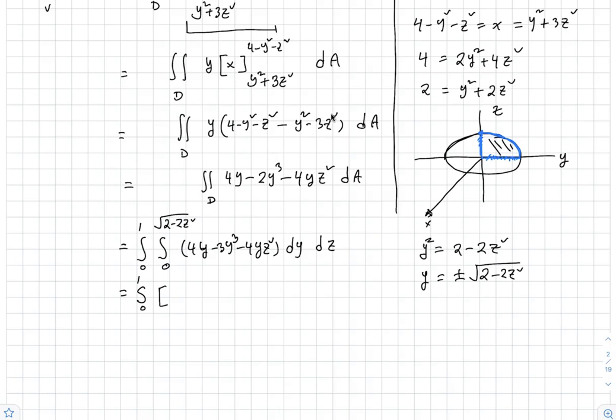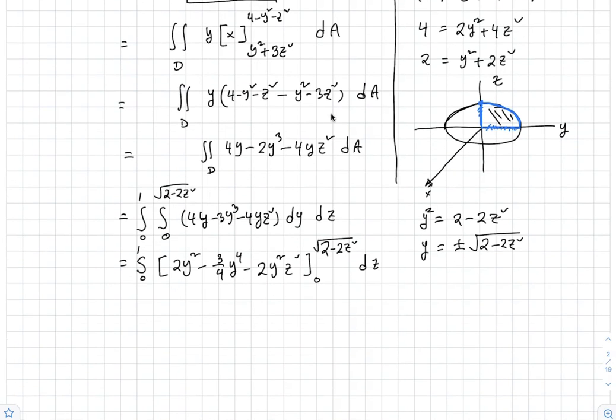So I get 2y square minus 3 over 4 y to the 4, and minus 2y square z square, since z square remains constant when I integrate with respect to y, and the limit going from 0 to square root of 2 minus 2z square.